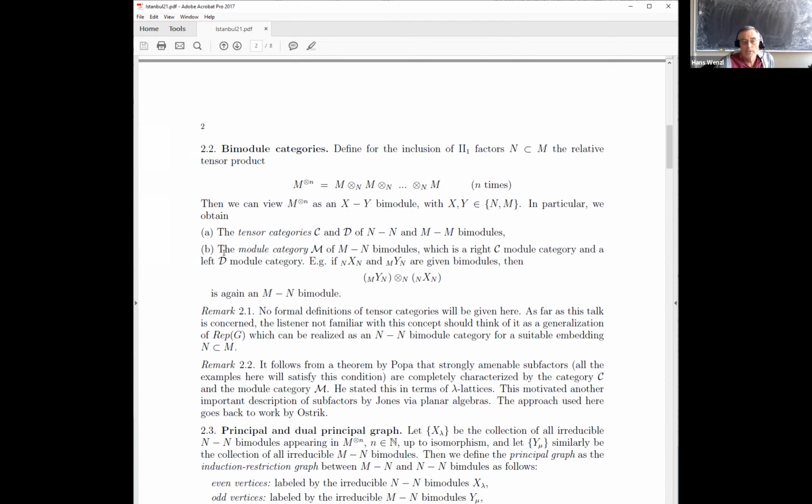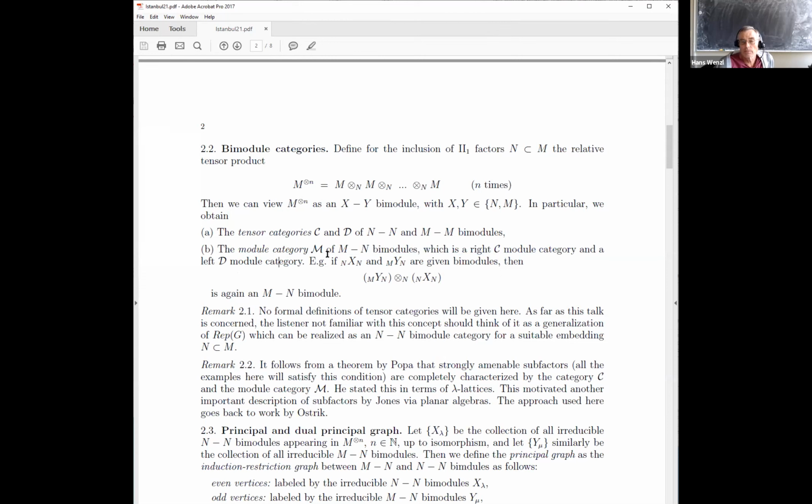We can also obtain a module category, M, which is just MN bimodules, where you are only allowed to act via M on the left and via N on the right. And this is in an obvious way a right C-module category and a left D-module category.